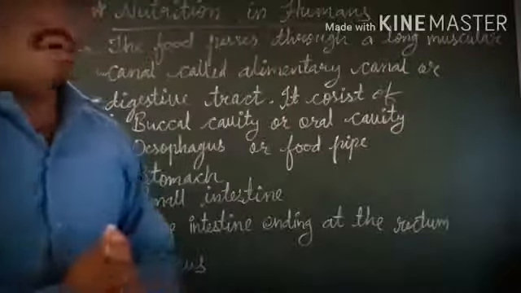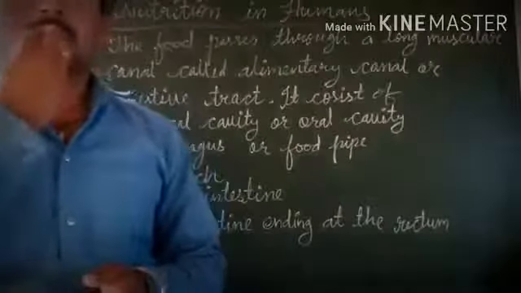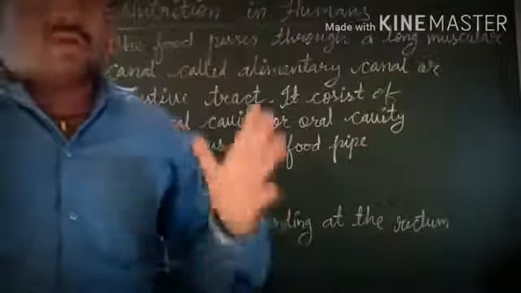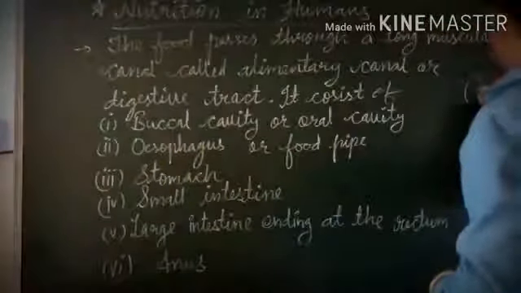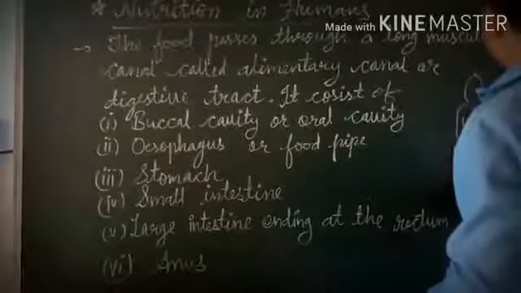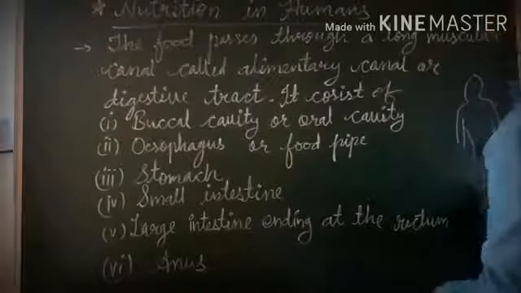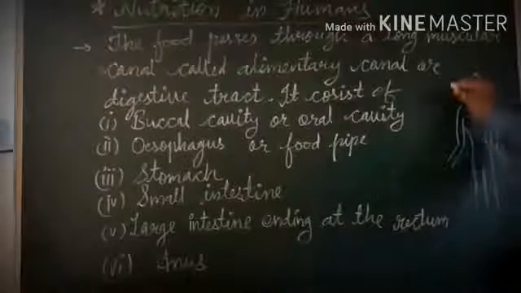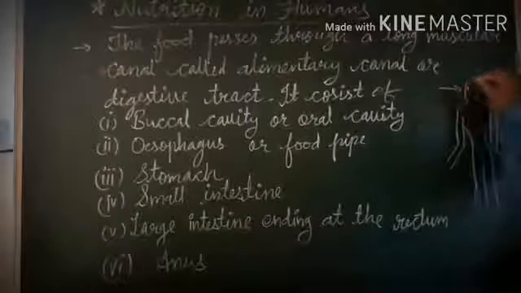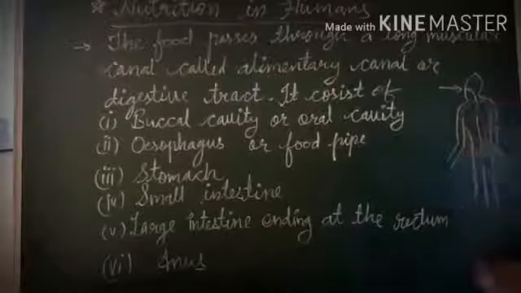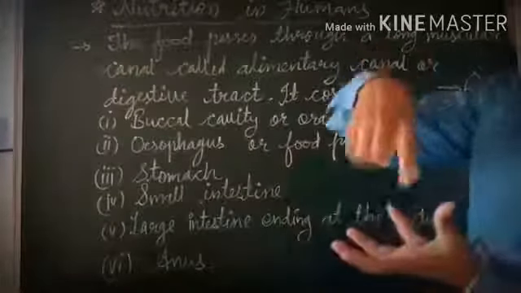Now from the mouth to the anus, this is not only a box. If this is a human being taking food here, this is not an empty box where we just put something in.